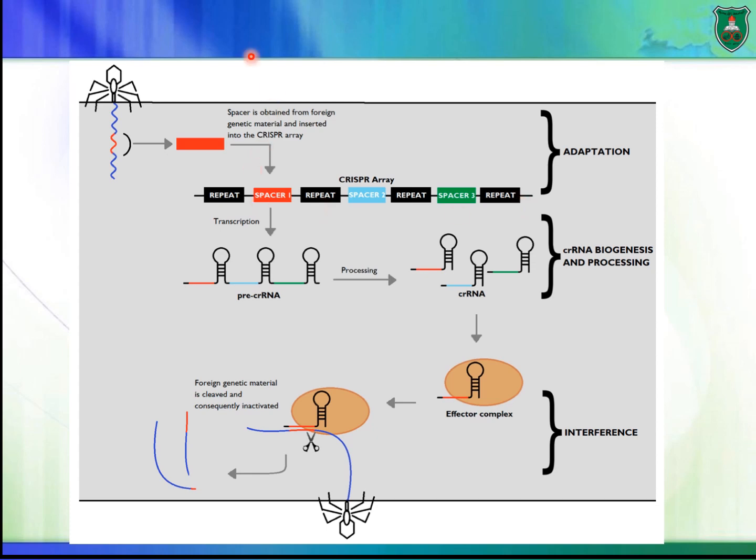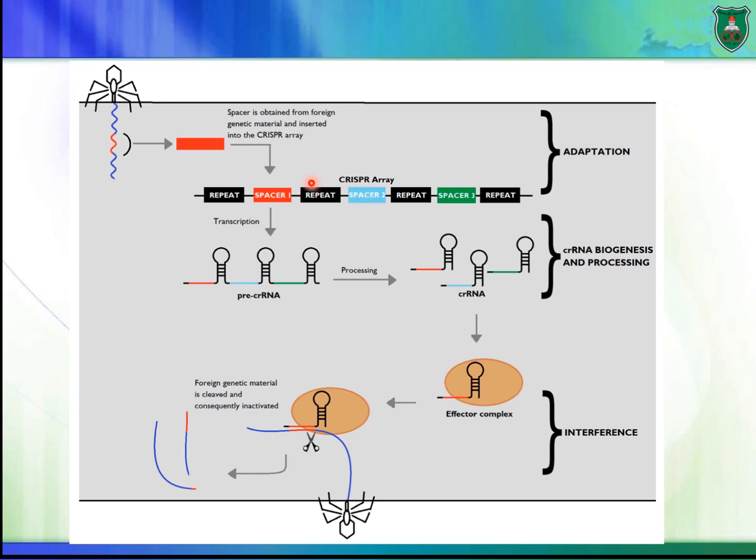Let's say that you have another bacteriophage that infects the same bacterial cell. The same thing happens. The cell takes the DNA, cuts it into fragments, takes another fragment and inserts it into the same region, but the two bacteriophage DNA fragments are separated, so they are interspaced.